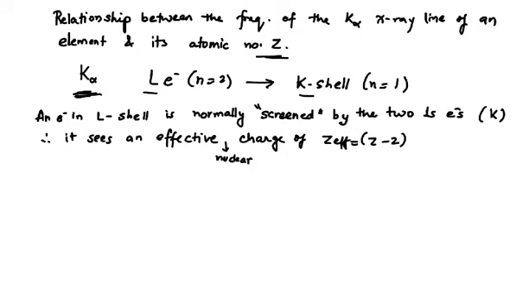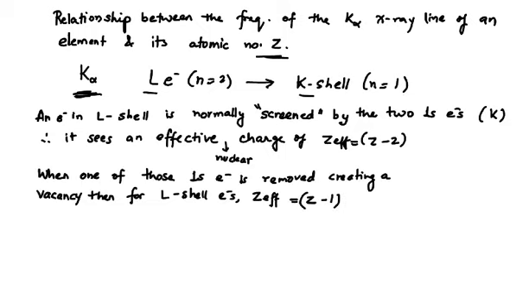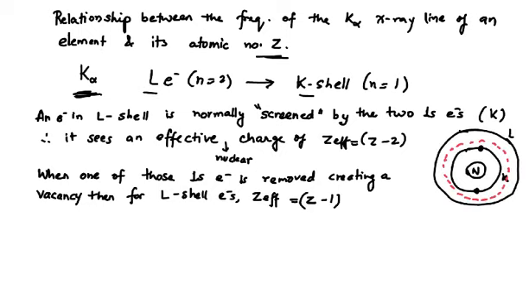When an electron in the L shell is normally screened by the two 1s electrons, it sees an effective nuclear charge of Z minus 2. And when one of those 1s electrons is removed, creating a vacancy, then for L shell electrons, Z effective will be Z minus 1.